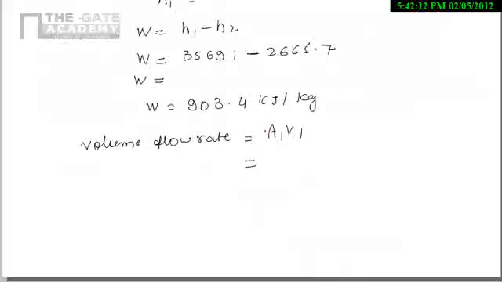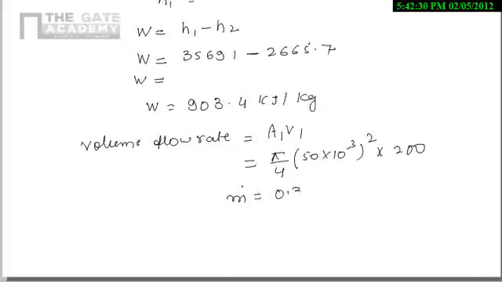So now we can easily calculate: pi by 4 times D1, that is 50 mm, in terms of meter 50 into 10 to the power minus 3, squared, and velocity 200 meter per second. So now this will be 0.393 meter cube per second. So the volume flow rate is 0.393 meter cube per second.